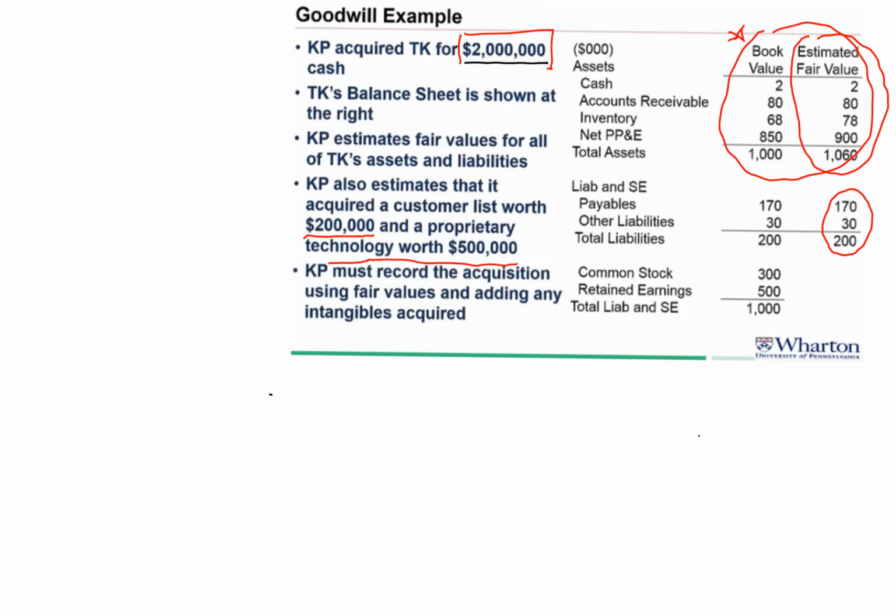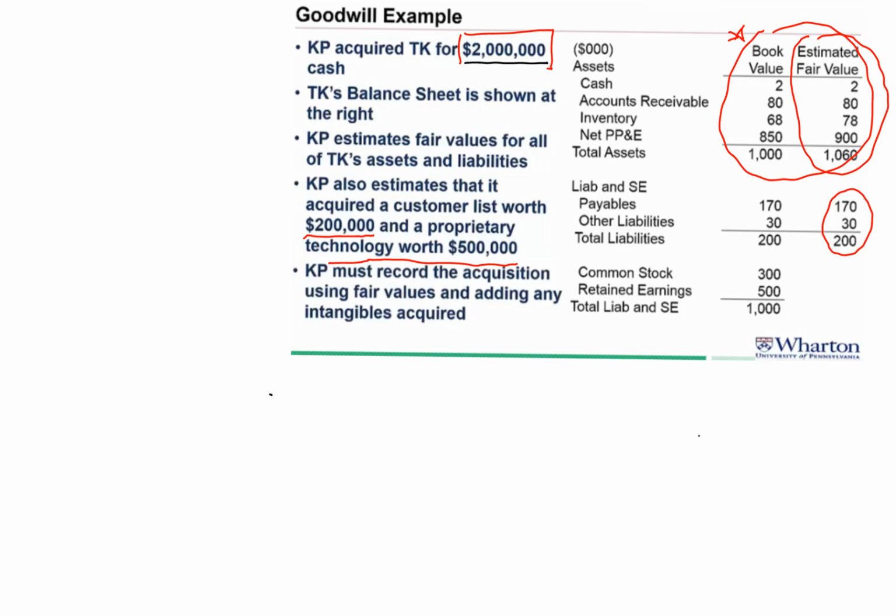AOL might have had this customer list and this internally generated proprietary technology that would not have been on the balance sheet of AOL, but while AT&T was buying it, they have to value them as a contra entry against their purchase. So they need to report to their stakeholders how they have valued the intangibles.